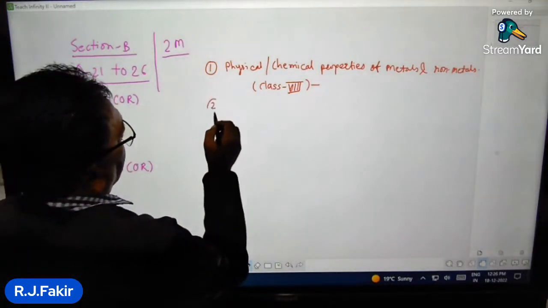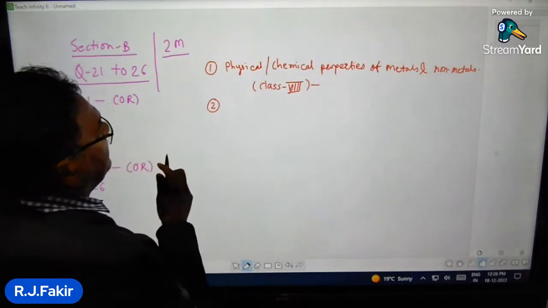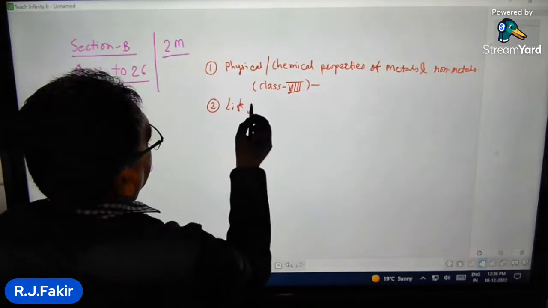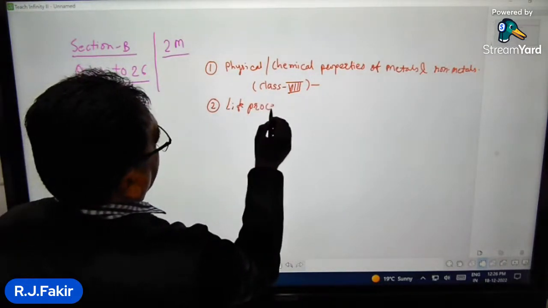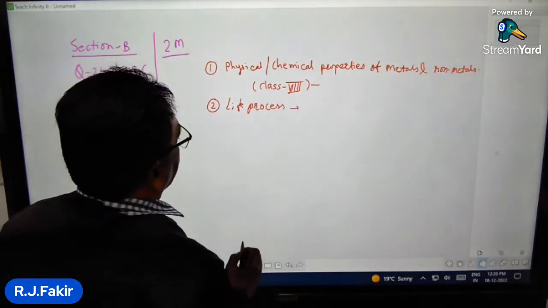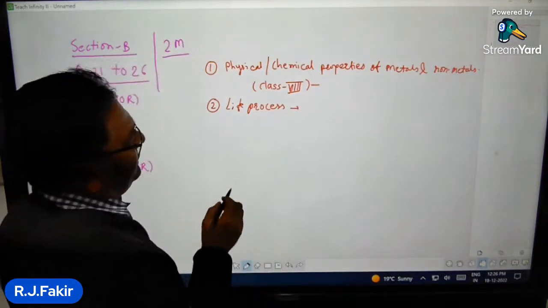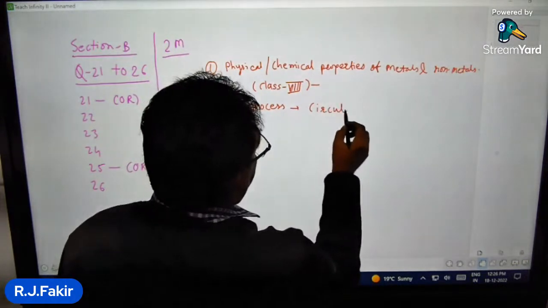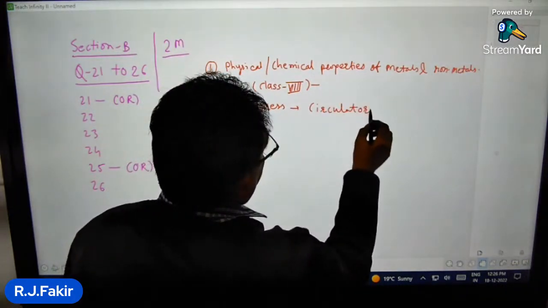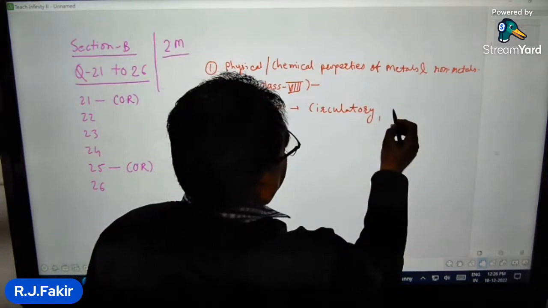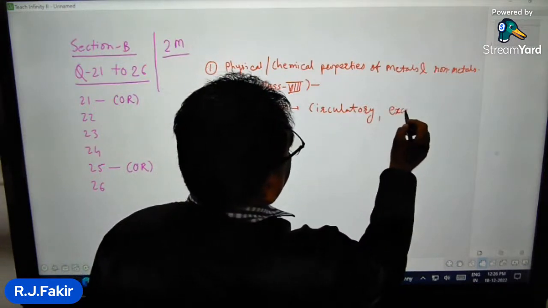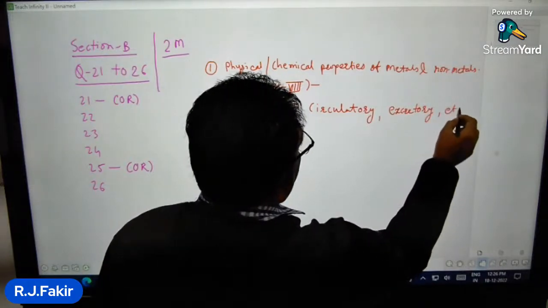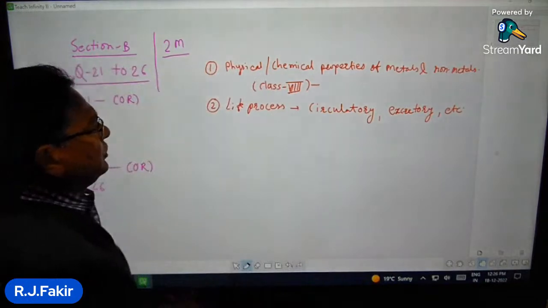The second topic for section B is life process. In life process, generally they ask from the circulatory system, then you have the excretory system. So out of these systems, one question will be present.